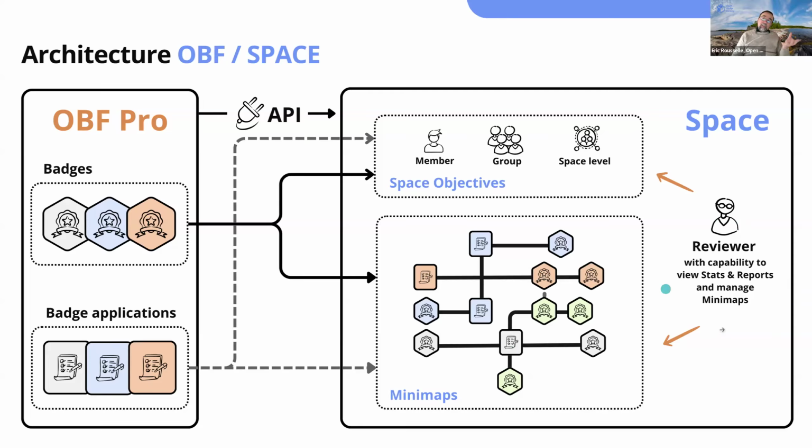And here, for example, you see this reviewer on the right side. If the reviewer has the right to review badge applications or to see statistics, he or she will be able to see everything that is happening in the space.